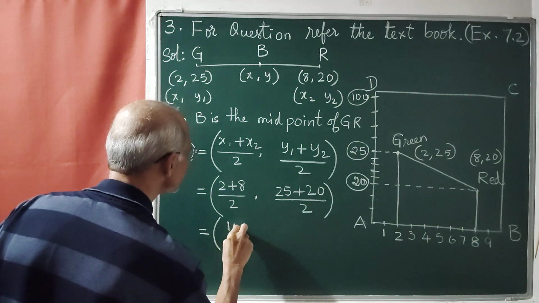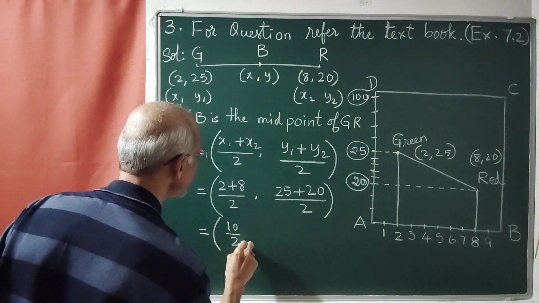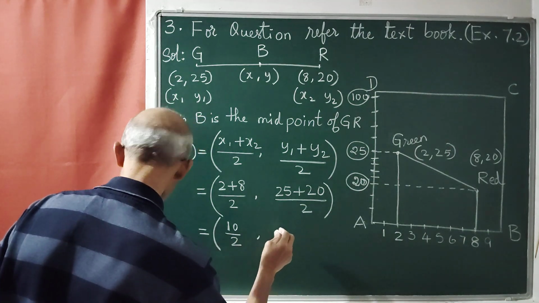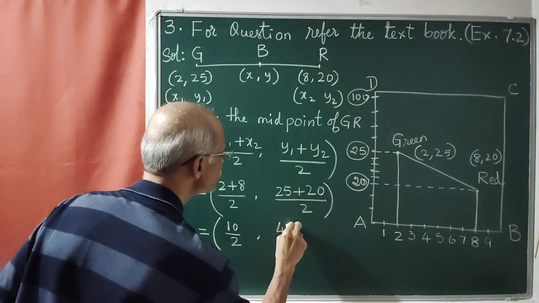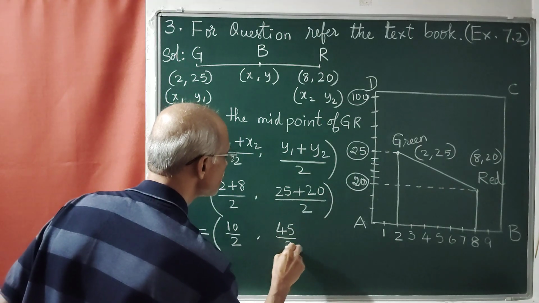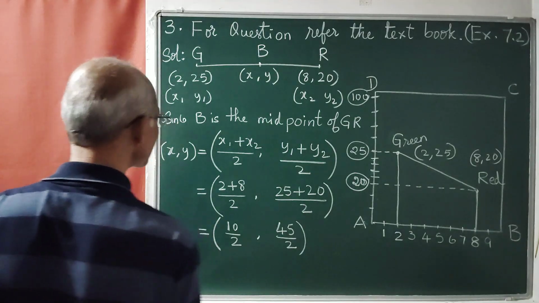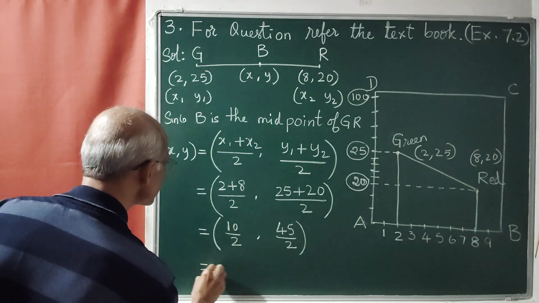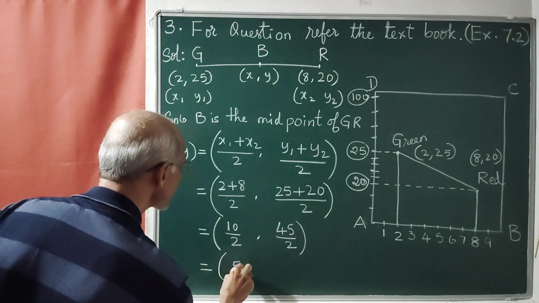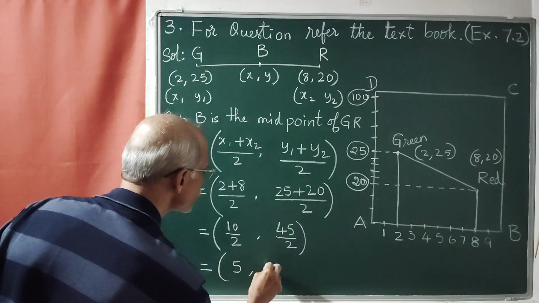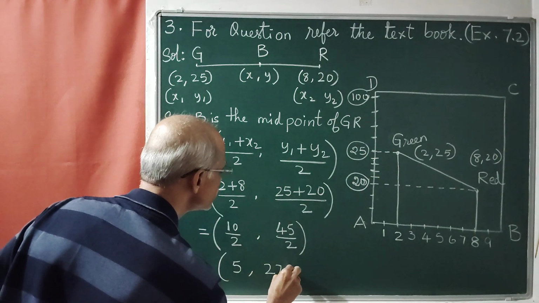We get 10 by 2 and 45 by 2. So it will be 5, 22.5.